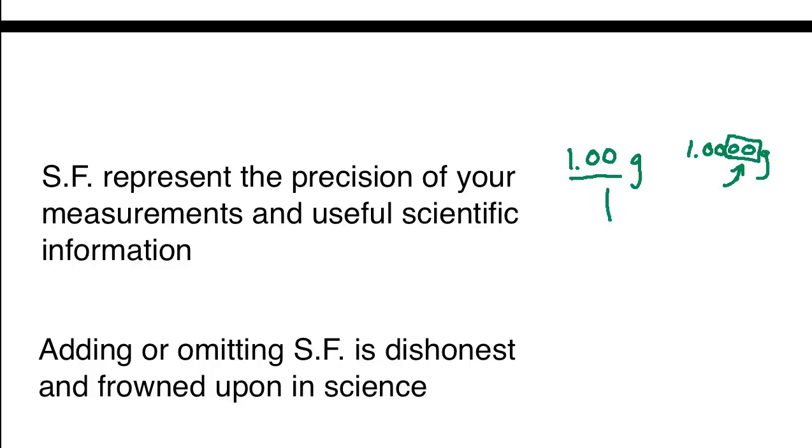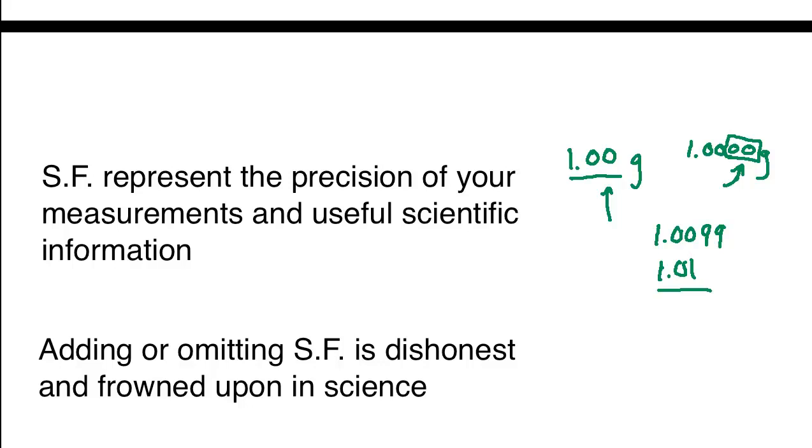If this is as high as my instrument can go, the 1.00, it is not appropriate, and in fact it's considered dishonest for me to make up those 2 additional digits, because it could be anything as low as what I suggested, the 00, but what's to say that it wasn't this, right? Which at that point, if I'm dealing with a highly toxic substance, maybe that extra 10 milligrams of substance, which is getting close to pushing this over to this value right here, right? Maybe that extra 10 milligrams would make a huge difference in the results.